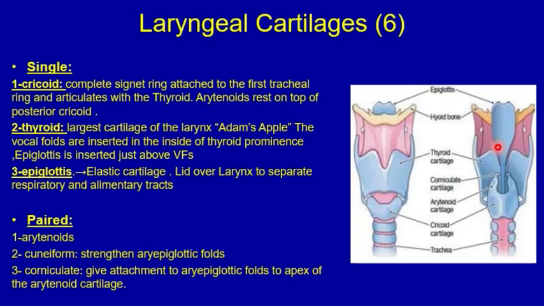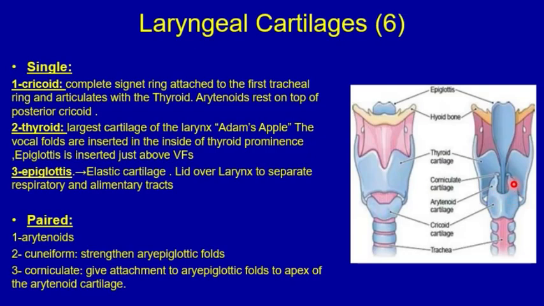The paired cartilages are basically the arytenoids, which are pyramidal shaped cartilages that sit on top of the posterior part of the cricoid cartilage and give attachment to the vocal folds, and when these arytenoids move, the vocal folds open and close.